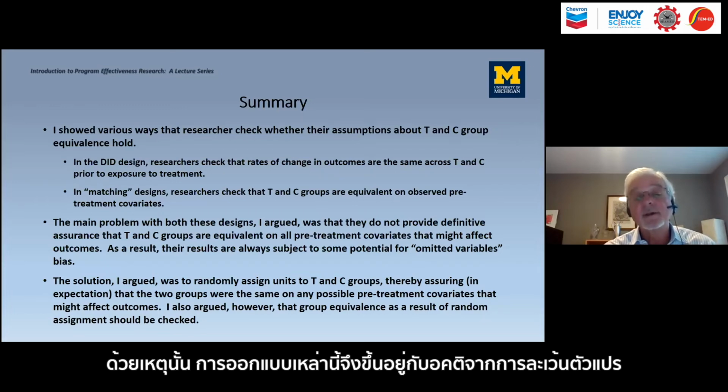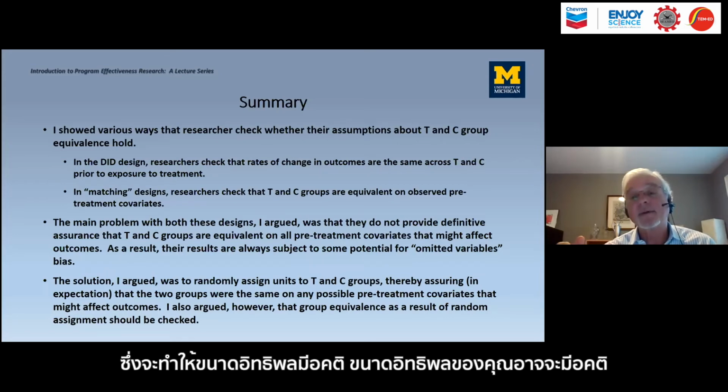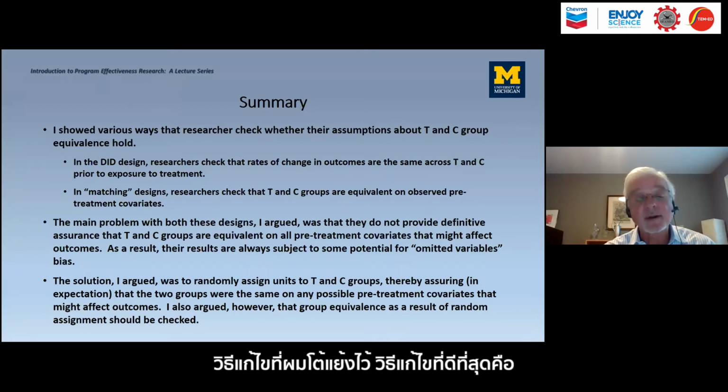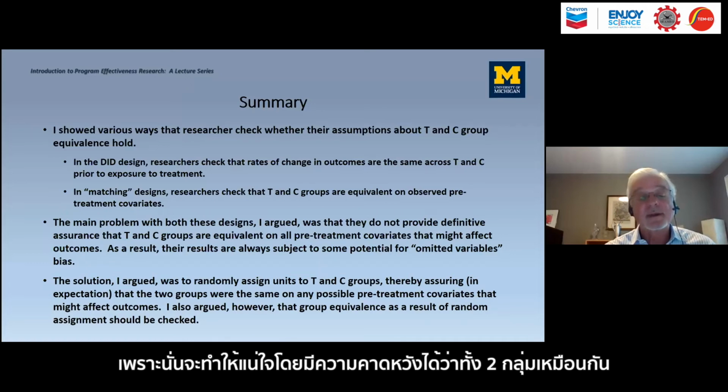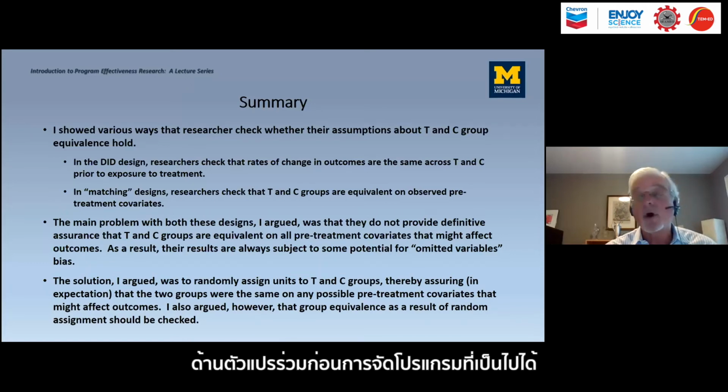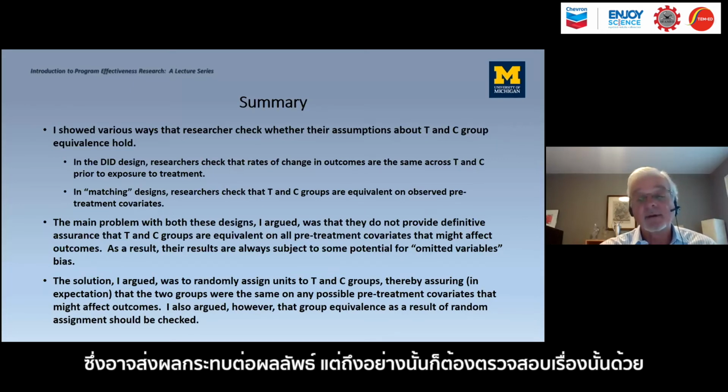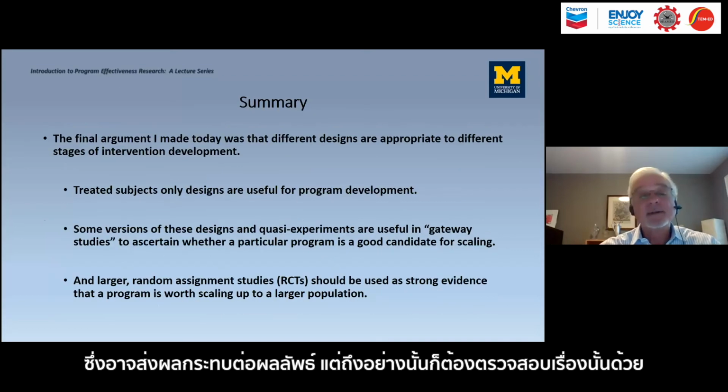And as a result, these designs are always subject to some omitted variables bias that would make your effect size estimate be biased. And so the solution, I argued, the definitive solution, is to randomly assign units to treatment and control groups, because that assures an expectation that the two groups indeed are the same on any possible pre-treatment covariates that might affect outcomes, although that needs to be checked.